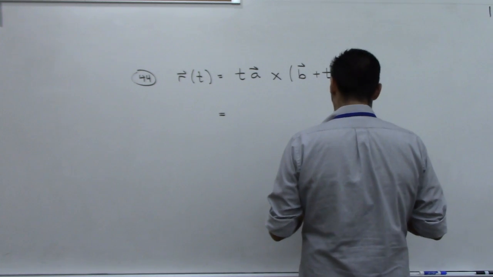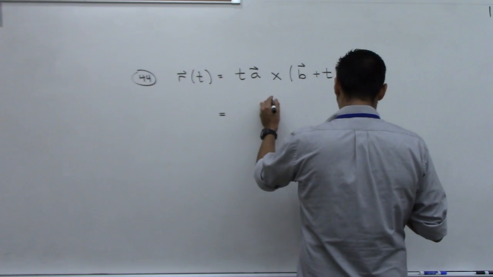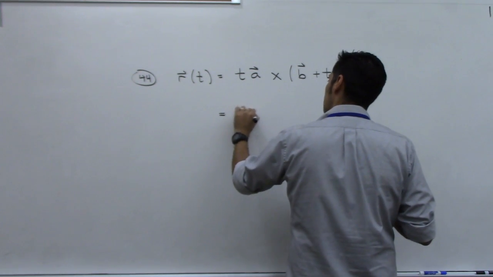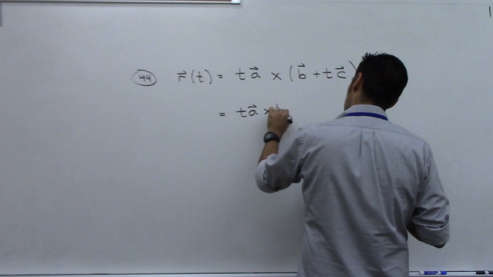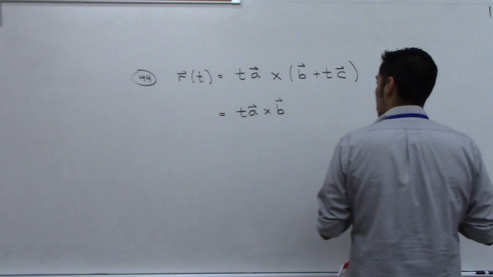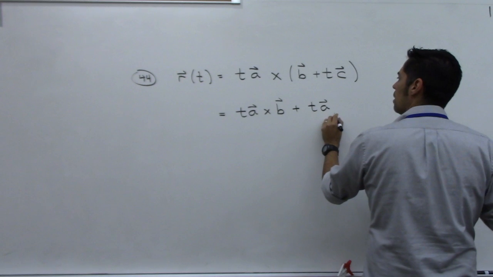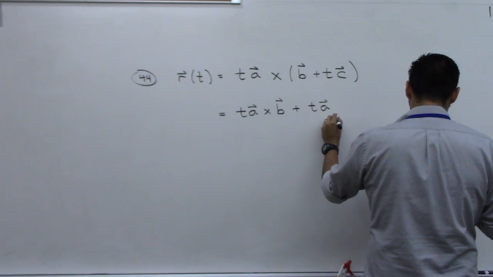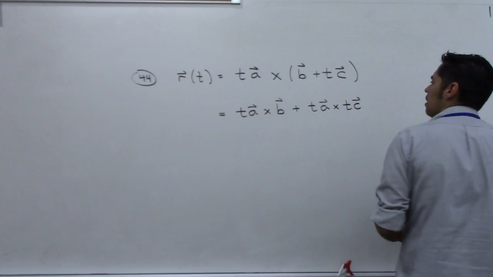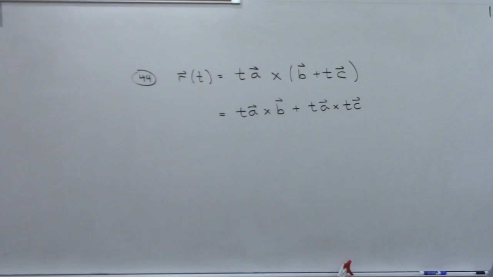So let's see, how should we expand this to? This would be tA cross B, all right, tA cross B plus tA cross tC. So what I'm doing is I'm using a property. Let me go back in the book and show you where that property is.